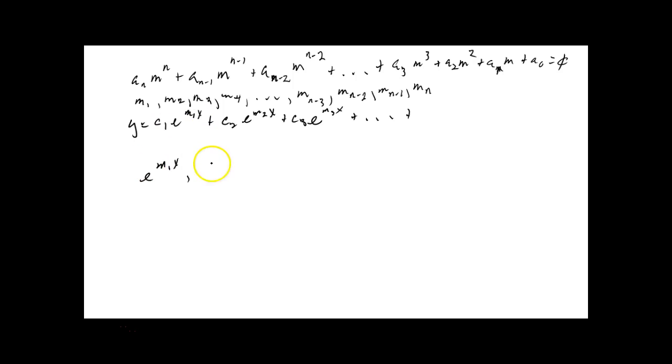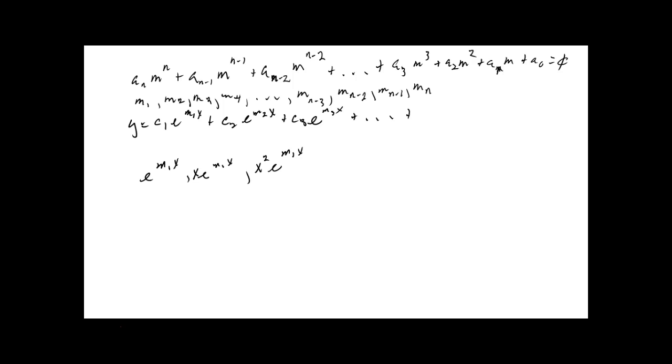So the one would be this, another one would be x e to the m1 x, and the next one would be x squared e to the m1 x. So if it's multiplicity of 3, there they are. Multiplicity of 7, you go up to x to the 6th e to the m1 x, depending on how many multiplicities you have.